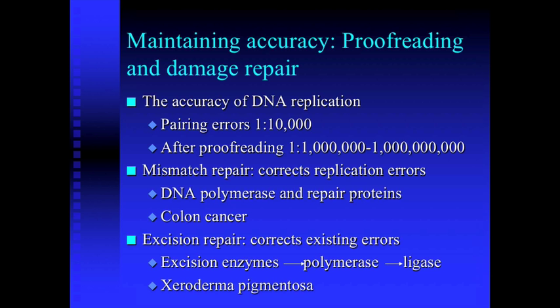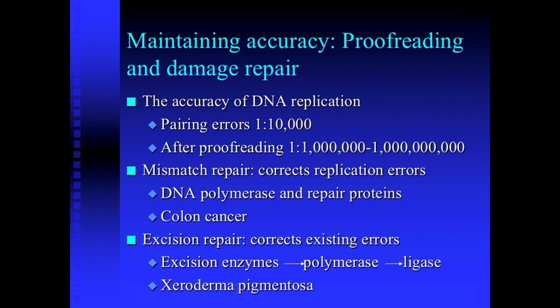All right. So the third thing we said, DNA polymerase goes in and checks its work. When DNA replication is taking place, the rate of mispairings is about 1 in 10,000. All right.